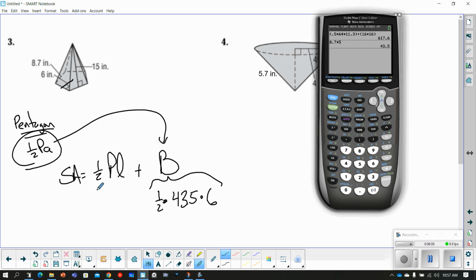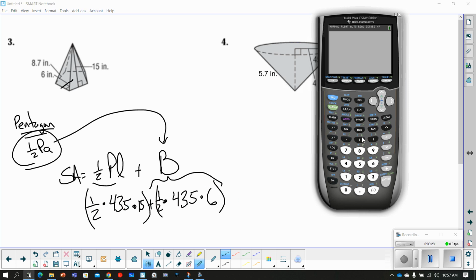Okay. Now we're going to do this thing right here, 1/2 perimeter of the base, which we actually found right with this part of it, 43.5. Slant height is right there, 15. So this is what we're going to be working out here on the calculator. This, right, plus this. Let's clear this out.